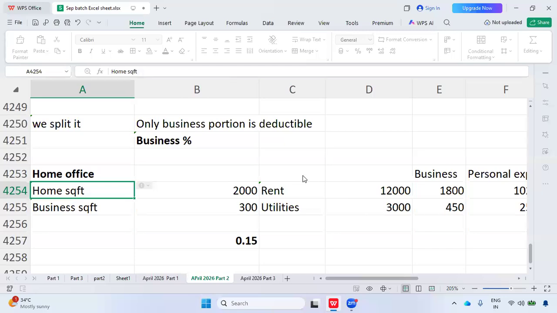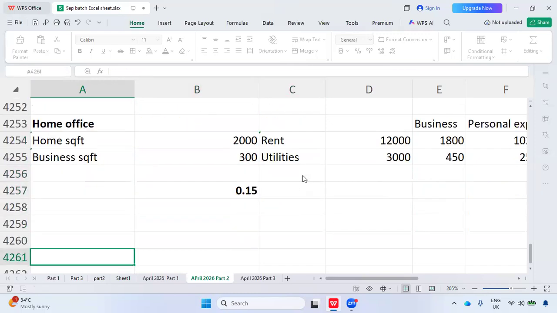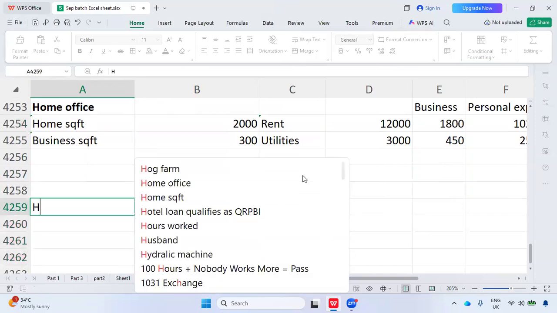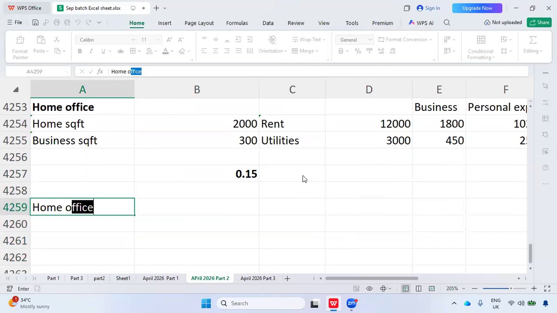Okay. And to claim in this way, we have a couple of conditions. The first condition, which is very important in the case of the home office category. To claim like this, we need to follow important rules.